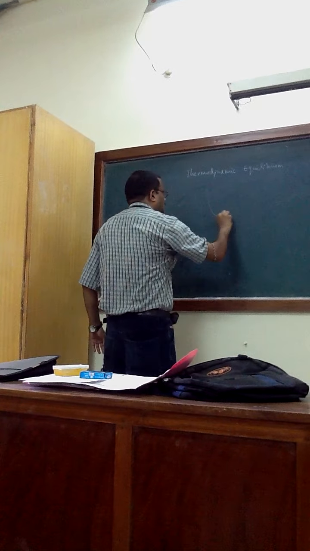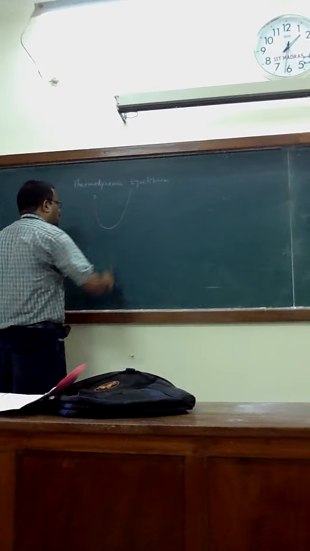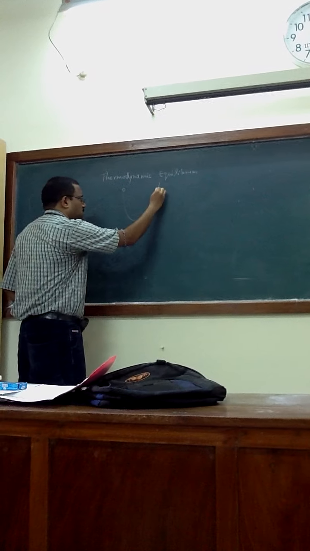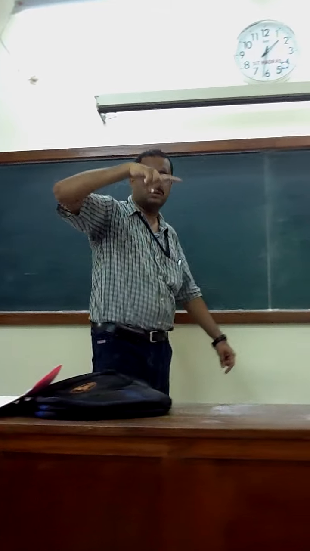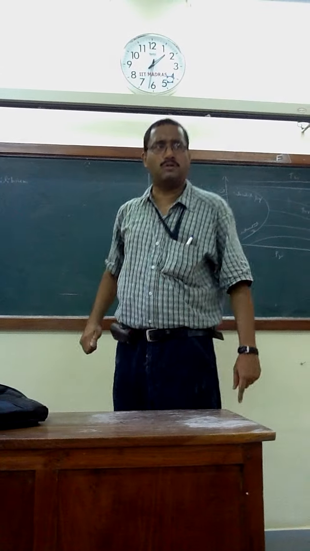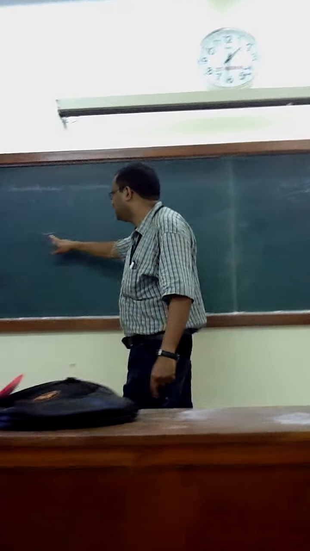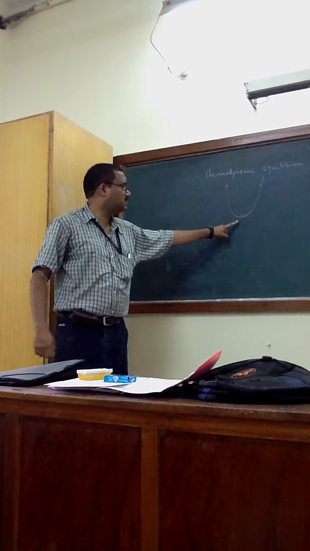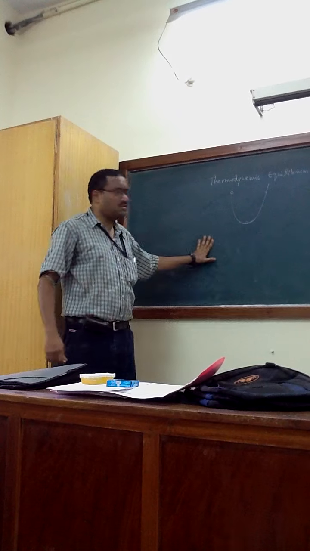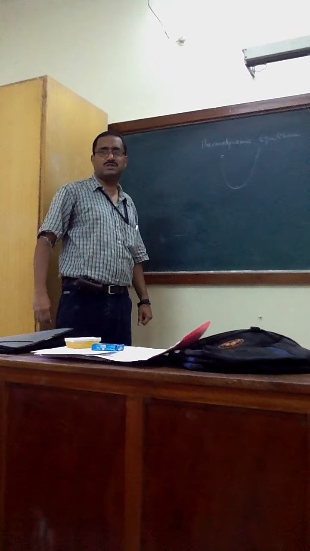For example, if I put a ball here, the ball will do simple harmonic motion and rest at one place. Why does it rest? Potential energy is minimum. That's why it will rest. And we call this minimization of energy density.